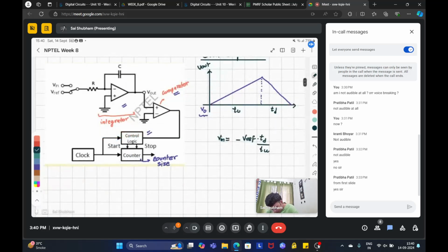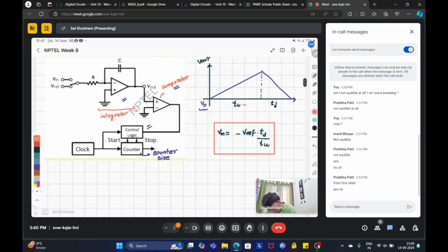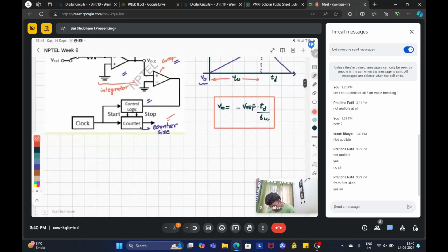Fine. So what happens here is that this is the relation that we have for the V input. But this is your digital output, right? We want a digital output. So in this case, what we do is that till the time TU is there, we make a counter that keeps on updating. So this is your counter, right?